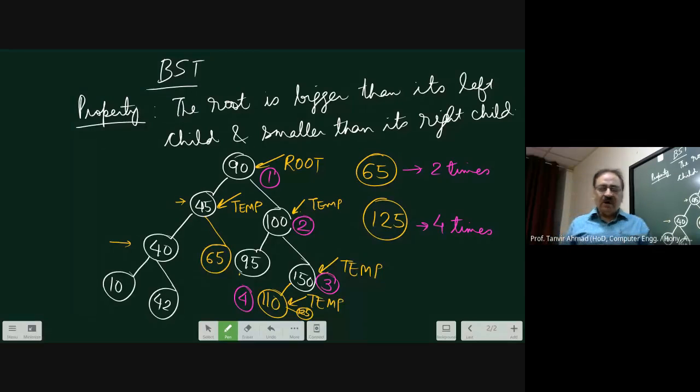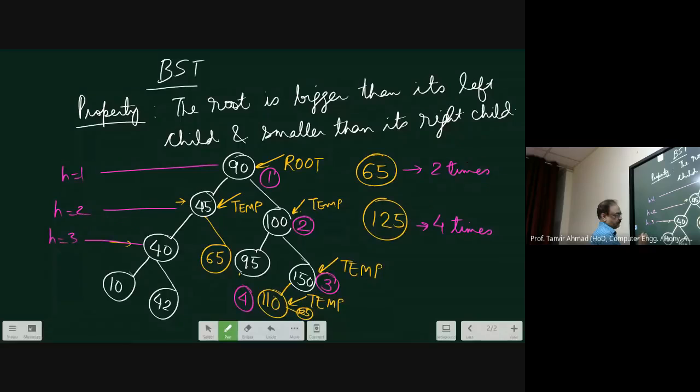Now here, what is the maximum height of this tree? We start from here. H is equal to 1. H is equal to 2. H is equal to 3. The height of the tree is 4, because the first level is 1, then the second level is 2, 3 and 4.